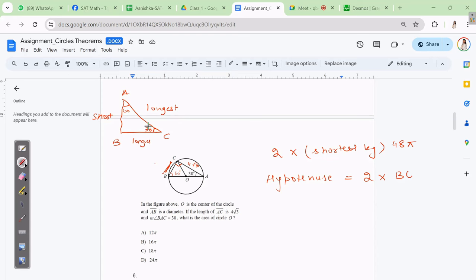So the ratio is, if the shorter leg is x, then the hypotenuse is 2 times x, and the longer leg is root 3 times x.